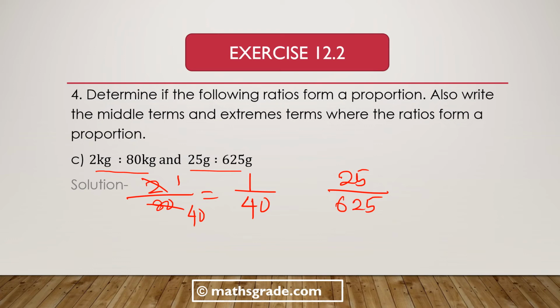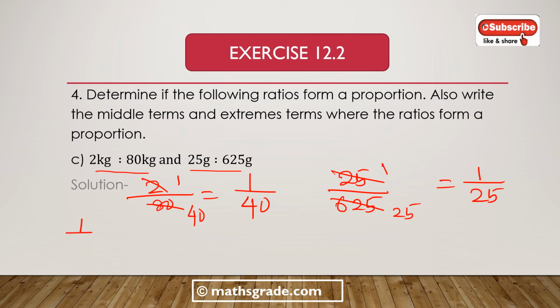Between 25 and 625, 25 is the common factor. So dividing 25 with 25, 1. And 625 with 25 is 25. 1 divided by 25. 1 divided by 40 is not equal to 1 divided by 25. So these ratios are not in proportion. Given ratios are not in proportion.